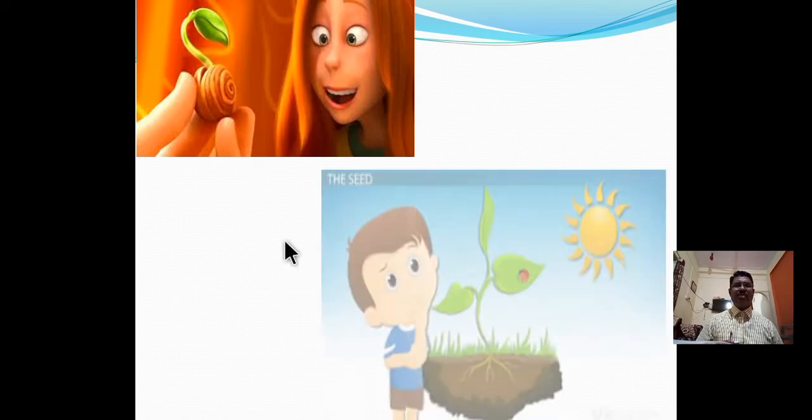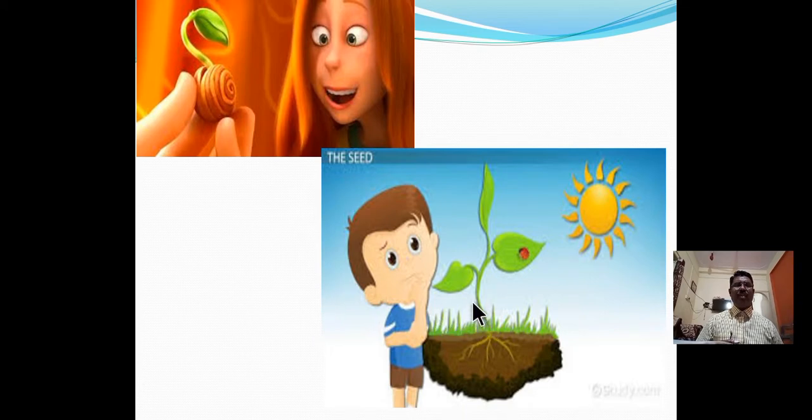The seed germinates and the emergence of a plumule and radicle takes place, which later on convert into the mature plant.